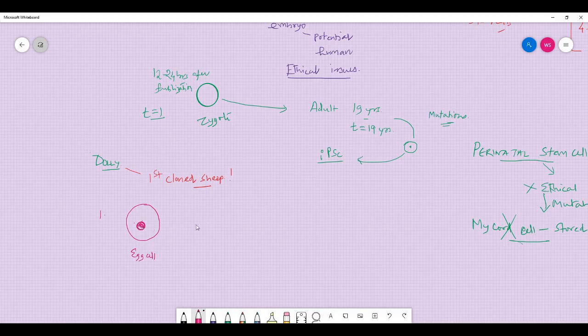Then they took an adult cell. This adult cell has also got a nucleus. So they took an egg cell from the sheep, and they also took an adult cell.